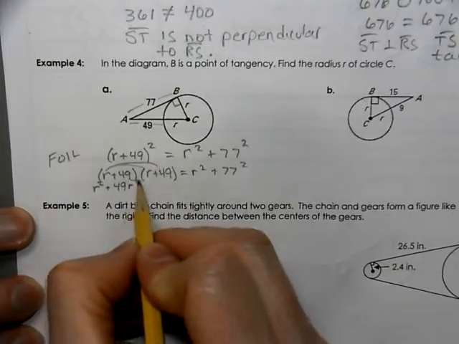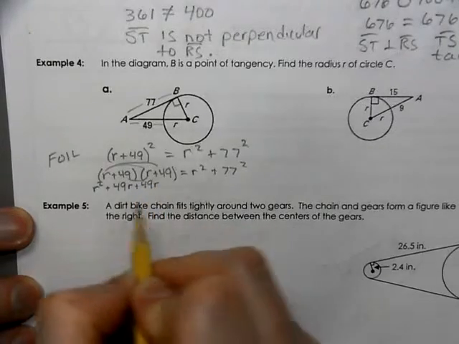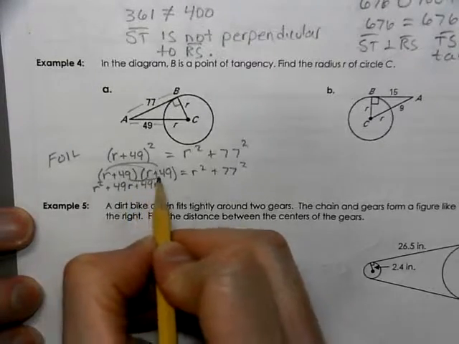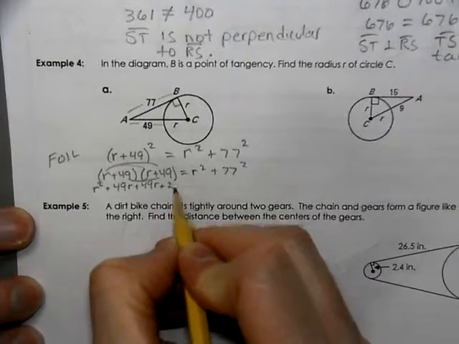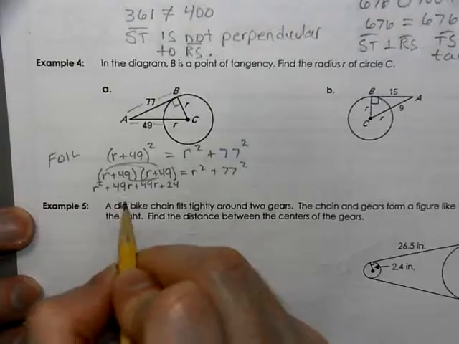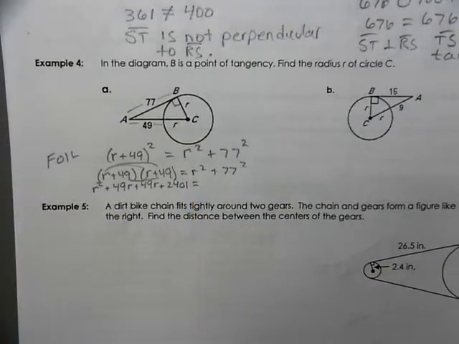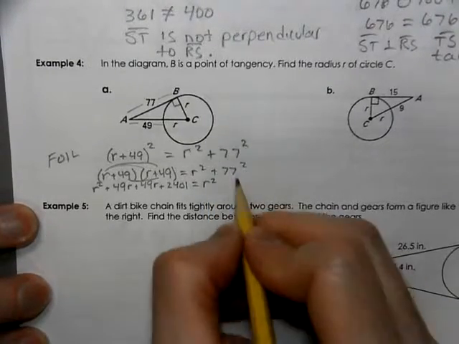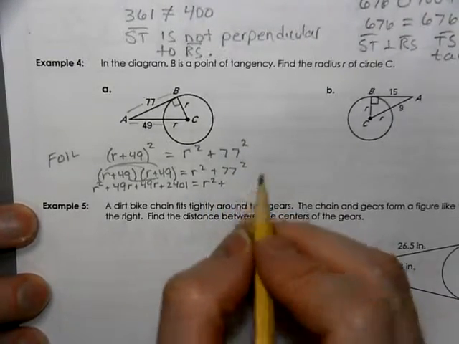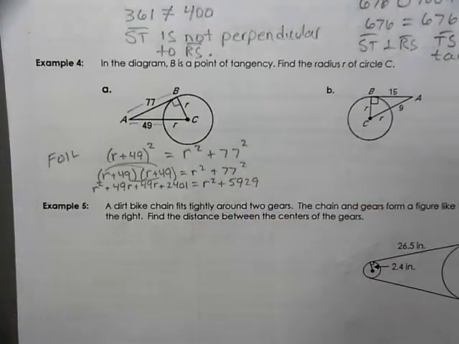We're going to multiply the inside part, which is also 49R. And then we're going to multiply 49 times 49 and get a big number, 2,401. Then we have R squared. And when you square 77, you get 5,929.